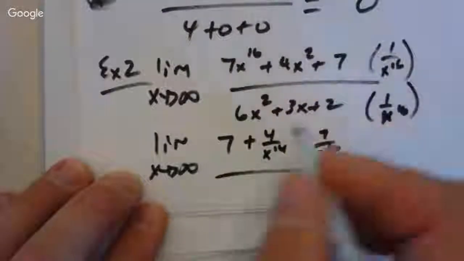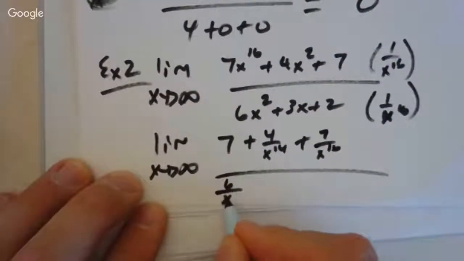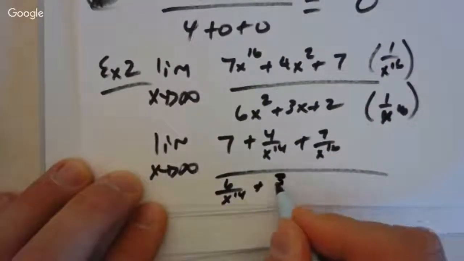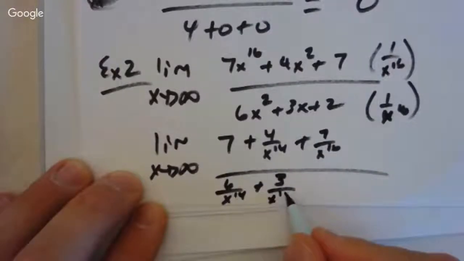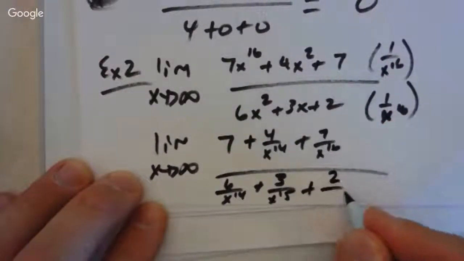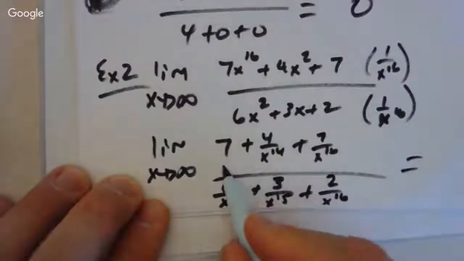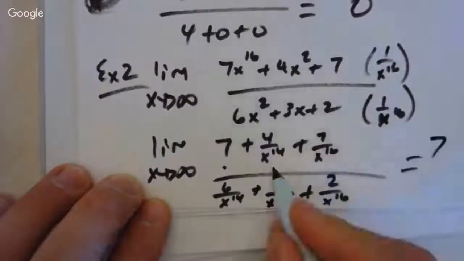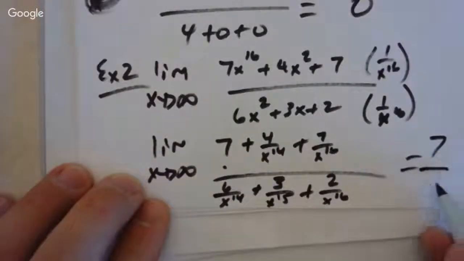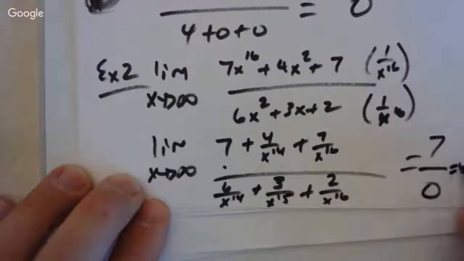Divided in the denominator, that's going to be 6 over x to the 14th plus 3 over x to the 15th plus 2 over x to the 16th. All right, as you take the limit, what's this going to go to? 7, 0, 0, 0, 0. So 7 over 0, which is what? Undefined. Now question, is it going to positive infinity or negative infinity?